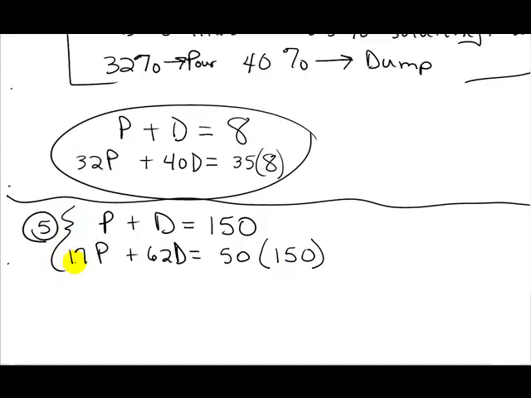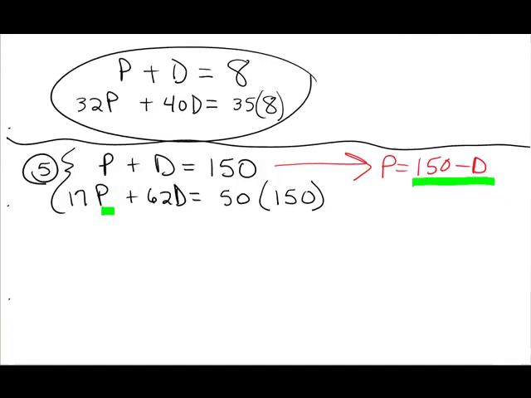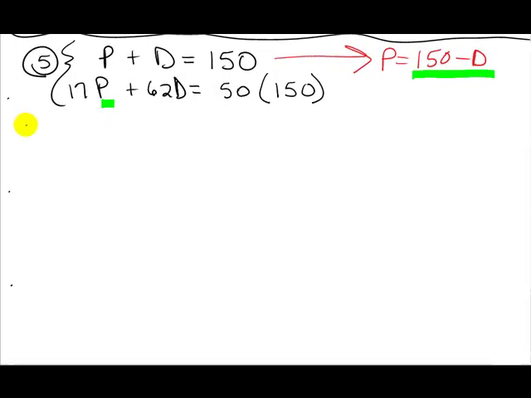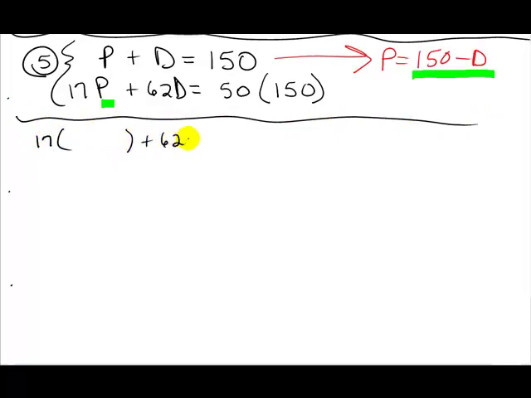So again, here are our equations, and I'm going to use substitution because I can take this and very easily move that D over, and then this becomes my sub in the other equation for the P. Okay, so this is how we're going to set it up.